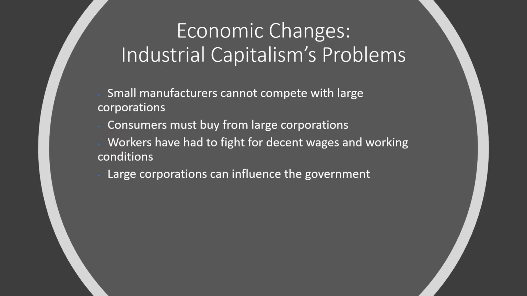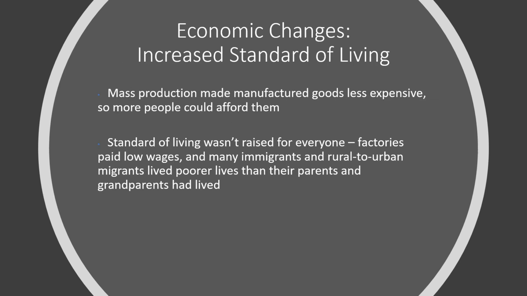And with the economic changes, small manufacturers could not compete with large businesses. Consumers must buy from large corporations. Workers had to fight for decent wages. Large corporations, however, can also influence the government. These are all very much common issues that still exist today as problems in society. But yet, at the same time, there was an increase in the standard of living.